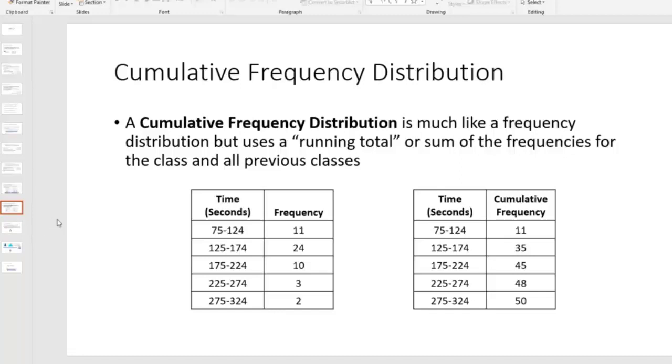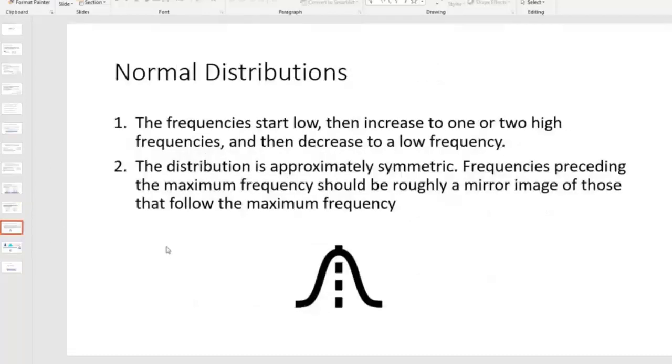One of the things we said at the beginning is that a frequency distribution lets us determine how the data is distributed. The word distribution in statistics, or how the data is distributed, both refer to where are the most of them, where are the least of them, what does this look like, if we graphed it. Our most important concept that we use is a normal distribution, and normal has a very specific meaning in here.